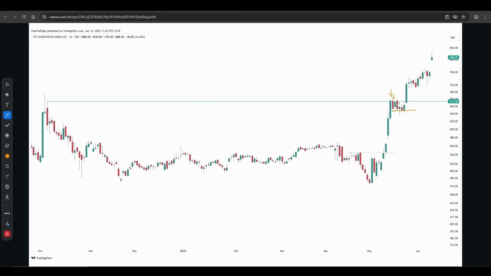But again, this pullback candle and the bounce back candle got quickly deteriorated by this selling candle. Selling pressure was again active around here, but you see the long tails of these candles which tell us that the buying pressure was more dominant.